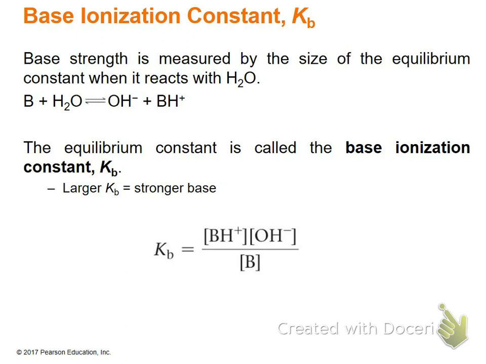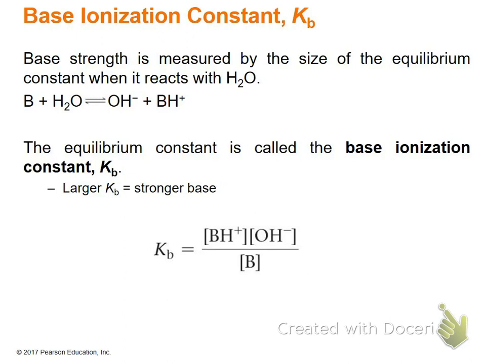And when we generate the Kb value, the equilibrium constant of a base, also known as the base ionization constant, we use the same expression as you would normally for an equilibrium constant. So it's the concentration of the products raised to their coefficients divided by the concentration of the reactant raised to its coefficient.